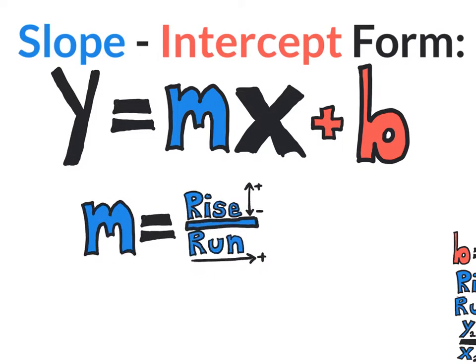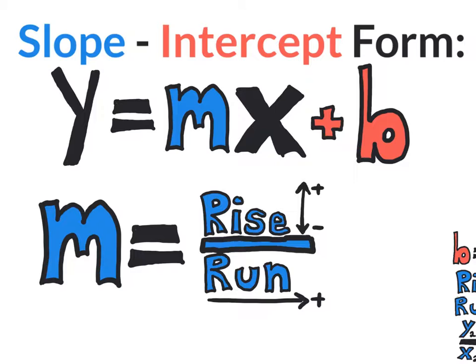Slope. Rise over run, okay? So yeah, it's slope-intercept form. Why? Because if it's in this form, remember form is just the way it's organized. If you have y by itself equals a number x plus a number or minus a number, then you'll be able to see your slope and you'll be able to see your intercept, specifically the y-intercept, not the x-intercept, okay?